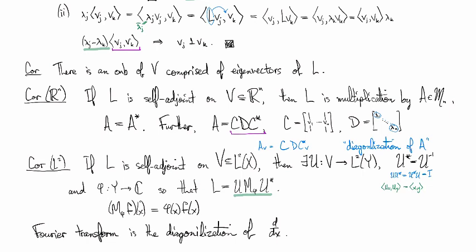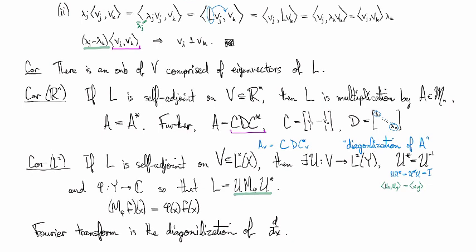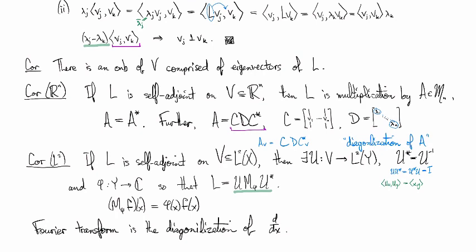And so the Fourier transform is one specific example of the spectral theorem. Oh, I totally misspelled that. Sorry. Diagonalization. Okay, I got too excited.